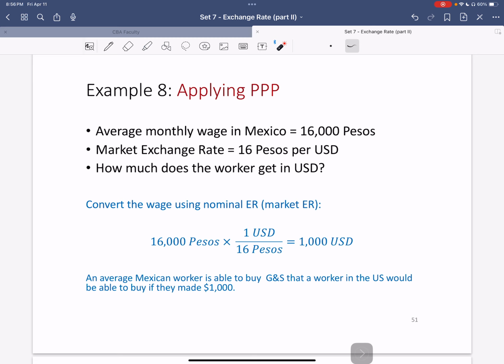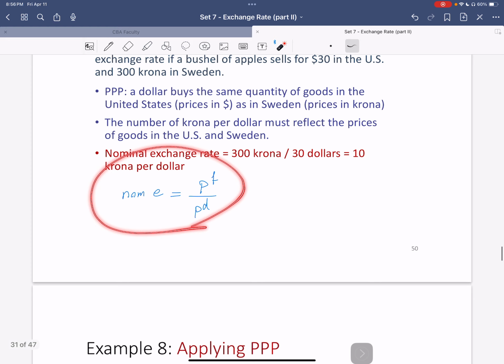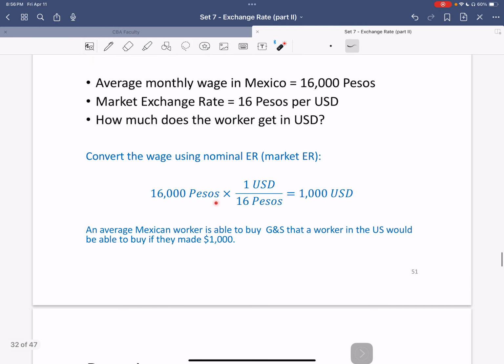So let's convert the wage using the nominal exchange rate. We need to plug the number into the formula that I showed you earlier. We just need to multiply the 16,000 by the ratio of the nominal exchange rate.